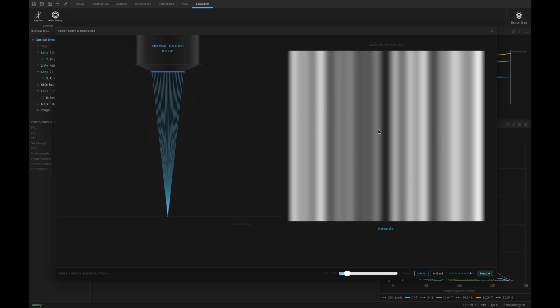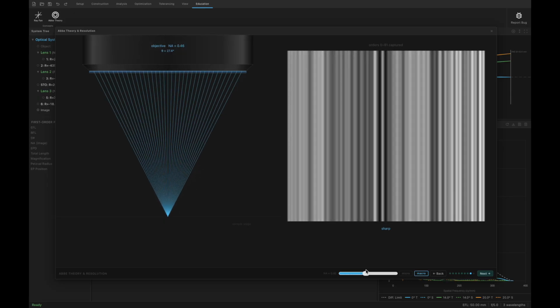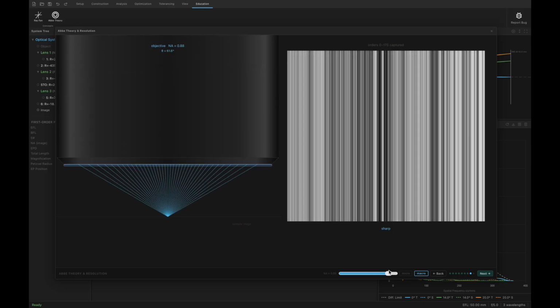And putting those together, you get a kind of blurry image. Because remember, we have to add more and more diffraction gratings to get a better and better image. And we'll only capture information from those gratings as we increase the half angle of light. And again, we could do that by making the objective wider or by bringing it closer to the object. So as we have a higher numerical aperture, we get a higher resolution.